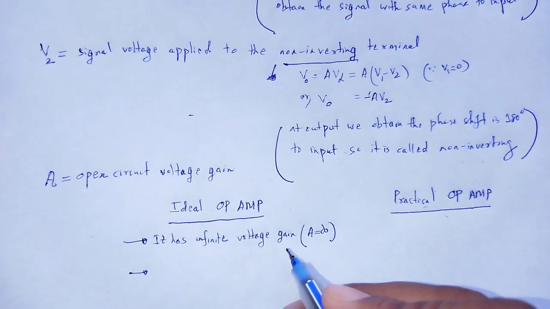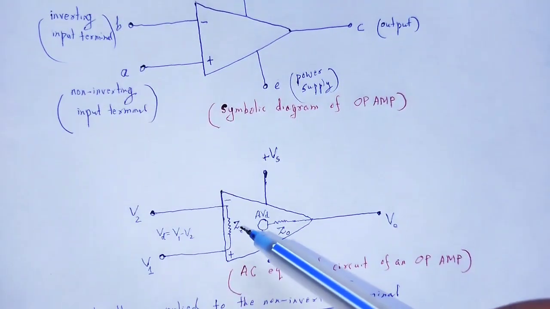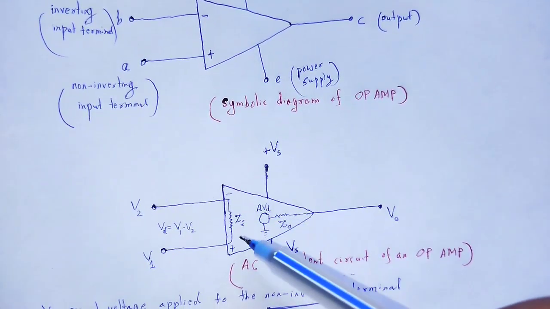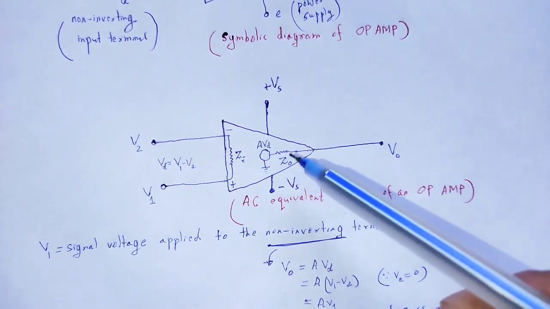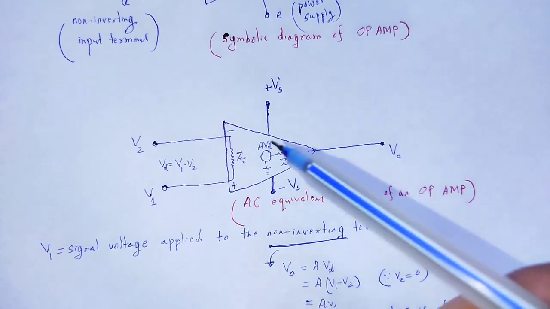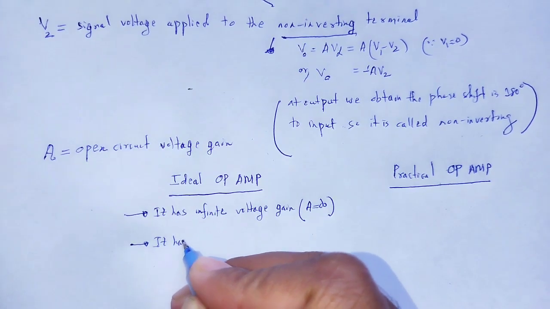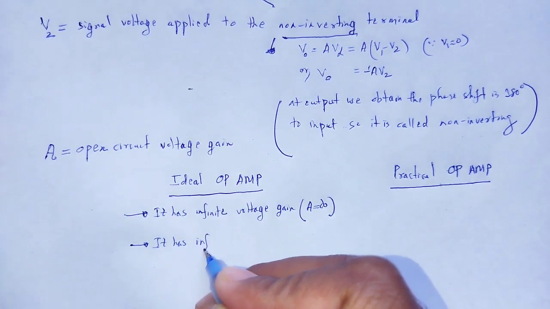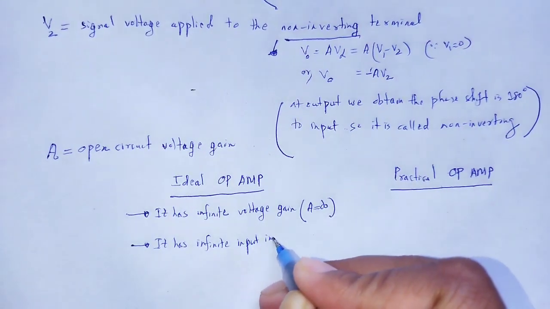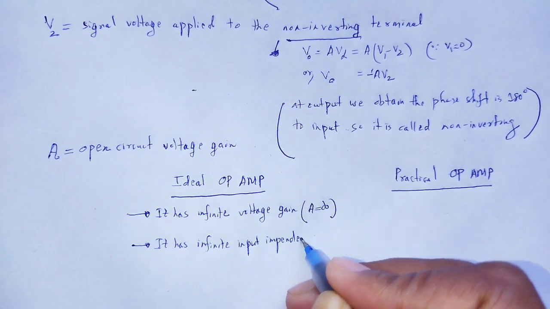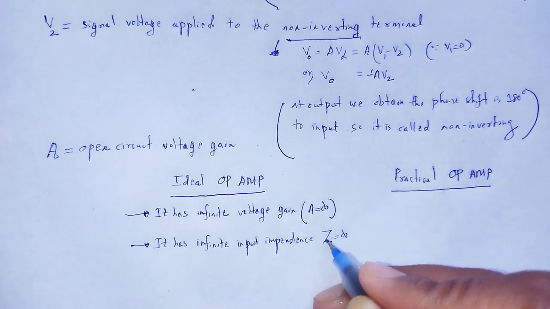Infinite voltage gain is possible when the input impedance ZI is infinity, and at the same time output impedance is 0. It has infinite input impedance ZI, infinity.